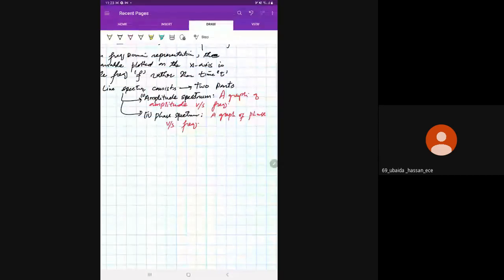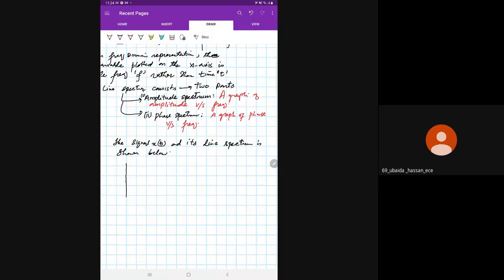Now see, we have a signal, for example x of t, and its line spectrum is shown below. This is in time domain.